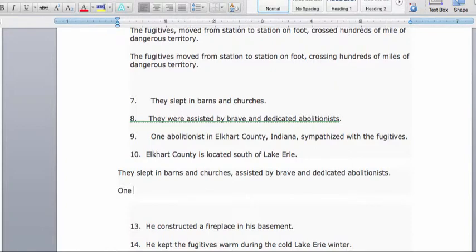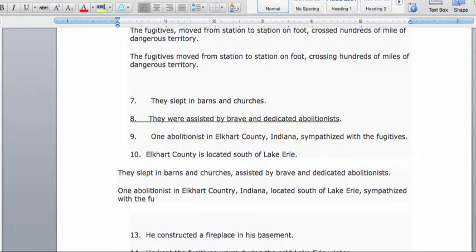So I'm going to start with one abolitionist in Elkhart County, Indiana. Then I can just say located south of Lake Erie, comma. Then I can go on with the rest of my sentence.